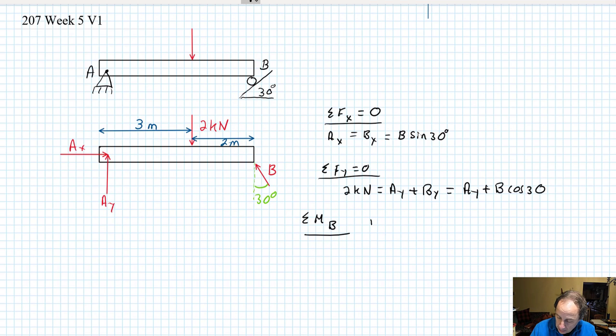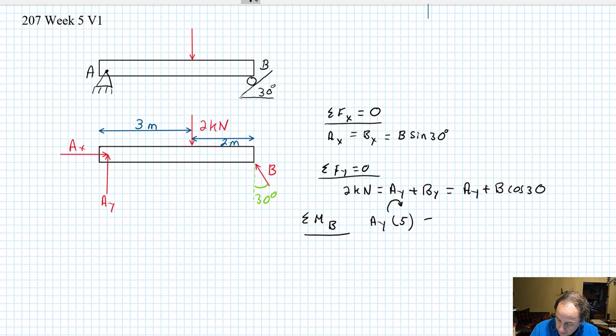AY times 5, that's its moment arm, and that's trying to rotate this thing this way, clockwise.